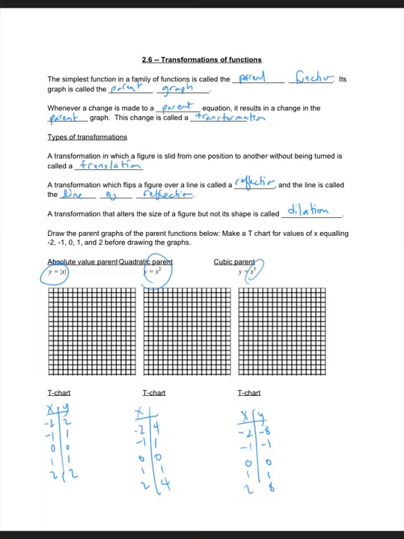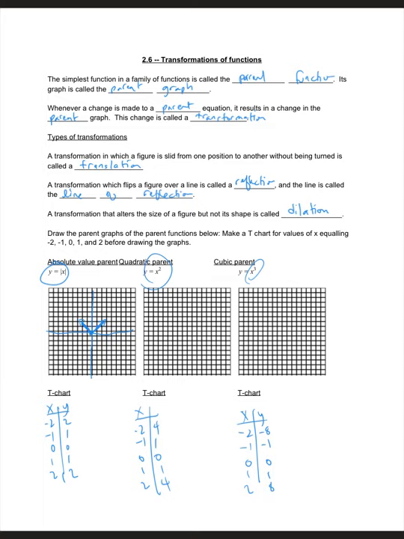So I'm going to draw in some axes. Ooh, that's not a really good axis, but we'll work with it. Plot the points that I have on my t-chart, and then connect those points to form the shape.